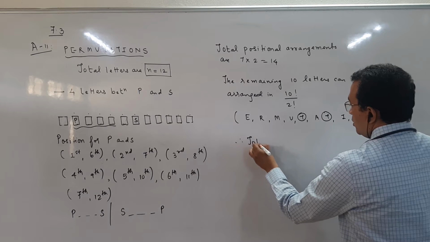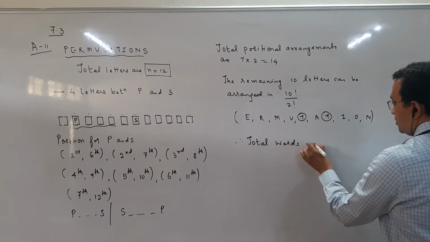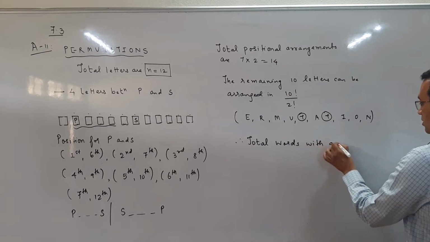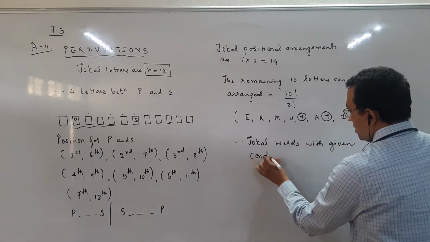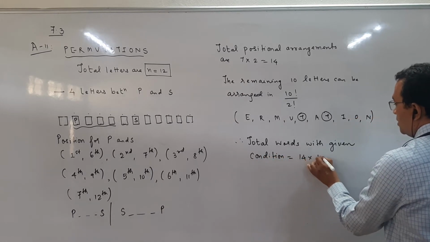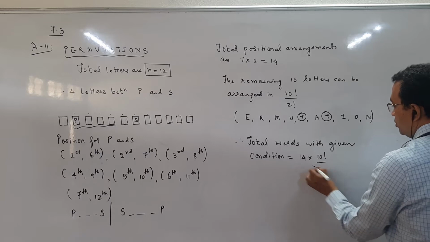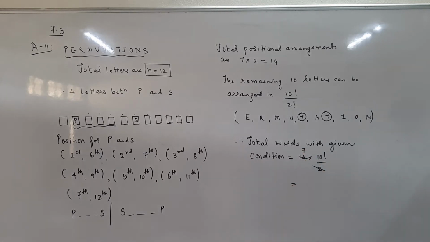Therefore, total words with given condition is equal to 14 into 10 factorial upon 2. This is a very large figure which comes in lakhs.